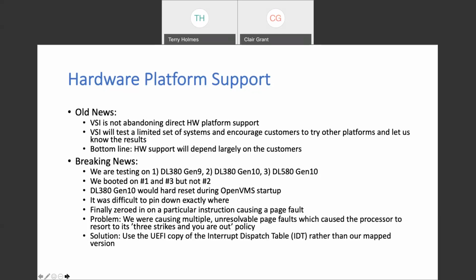And long story short here, we need to use what the system gave us. And the mapping that we had done was no longer necessary. I hope I have that in the right order. But this was an extremely aggravating problem for a long while, but finally got resolved. So another example of every new thing you try to run on there, there's going to be something in getting the system up and running.